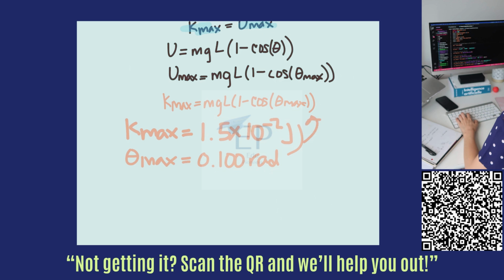But we want to solve for L. So what's easier is to rearrange this equation, solving for L, which would give us the length of the bob is equal to our kinetic max divided by mass times gravity times 1 minus cosine of our theta max.